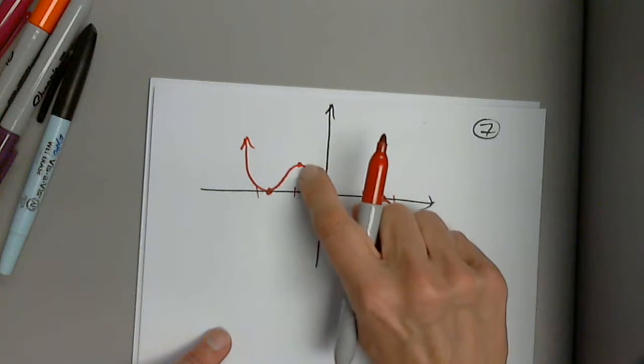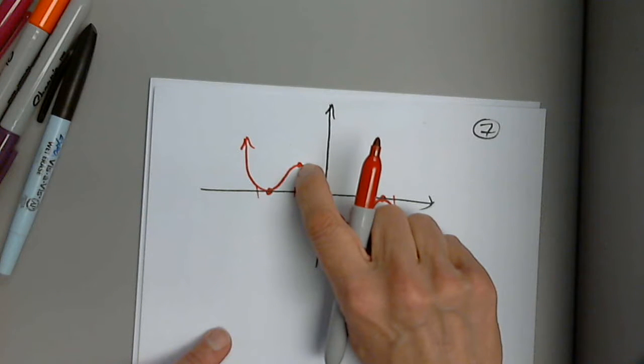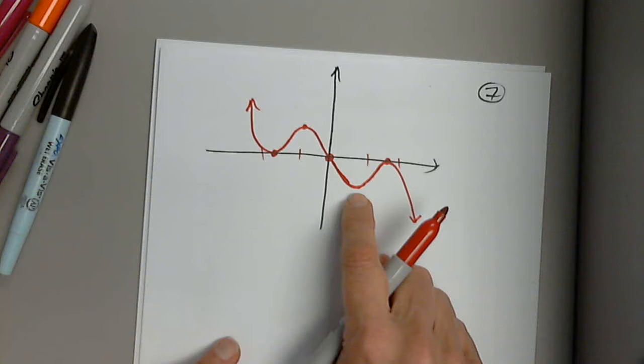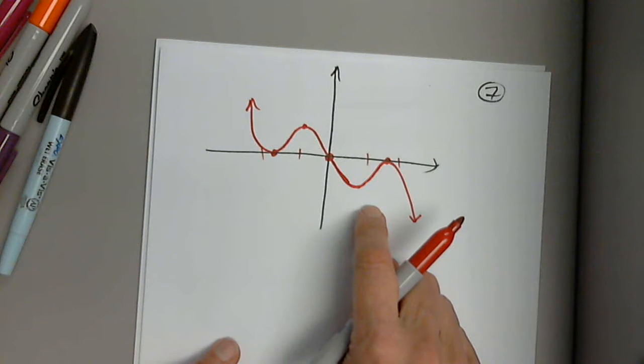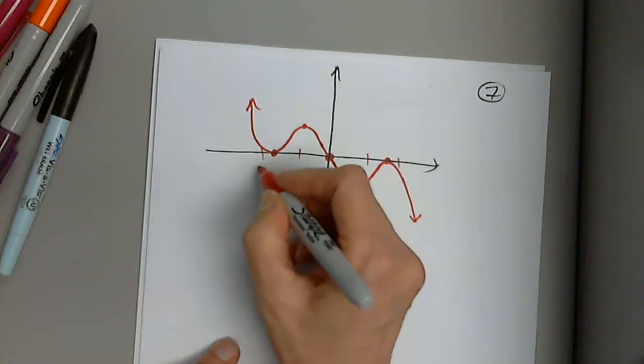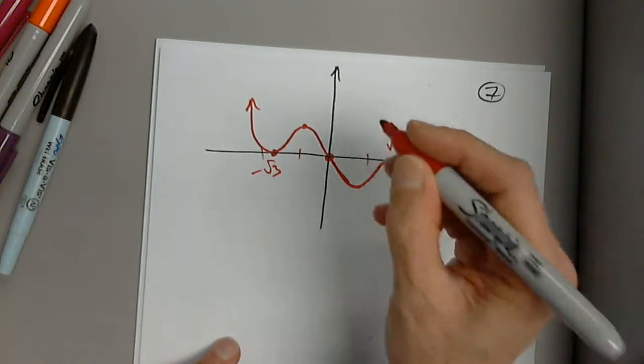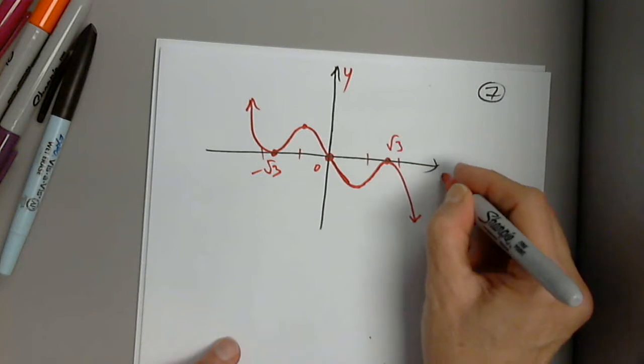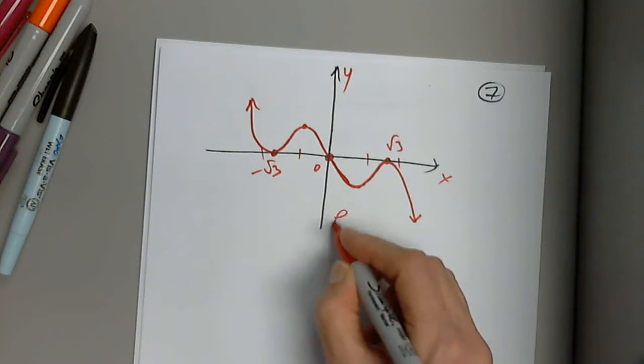Let's say that this maximum is at -1, 1. What will this be? Correct, because it's exactly opposite. So this is negative the square root of 3. This is the square root of 3. Y, 0, x. This is our function, f of x.